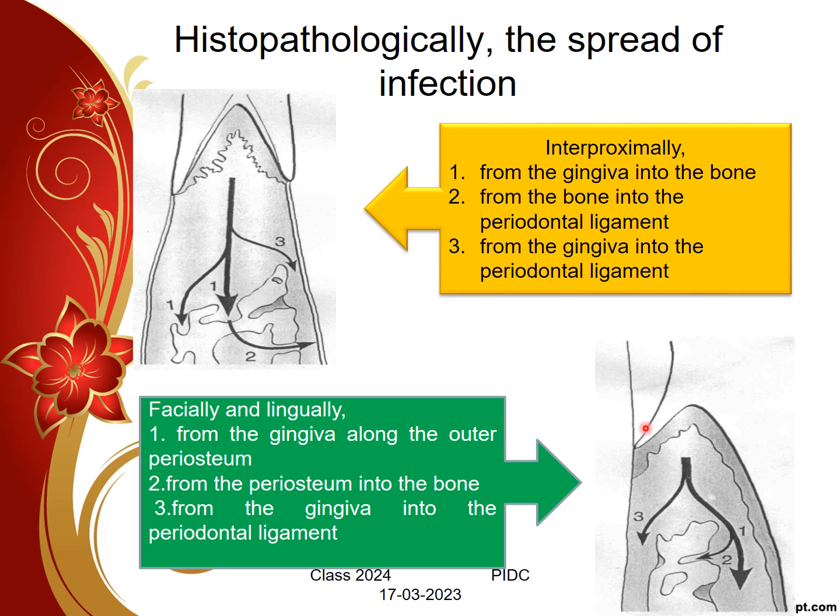And if the plaque is present on the facial and the lingual aspects, it would start its destructive process from the gingiva along the outer side of the periosteum, or from the periosteum into the bone, or it could be from the gingiva into the periodontal ligament. So this is how the infection starts to spread.